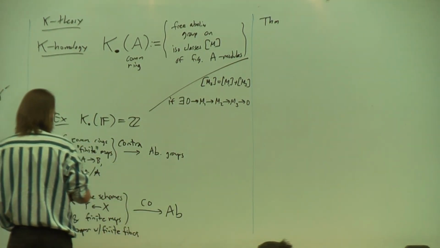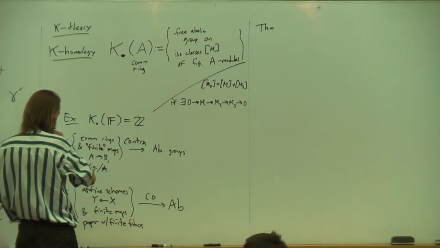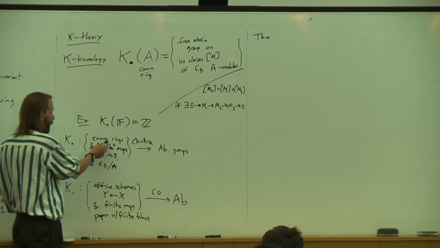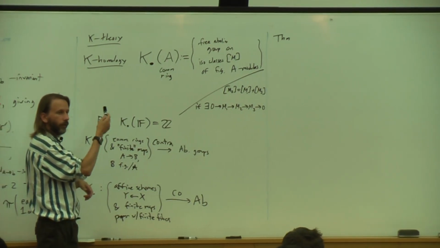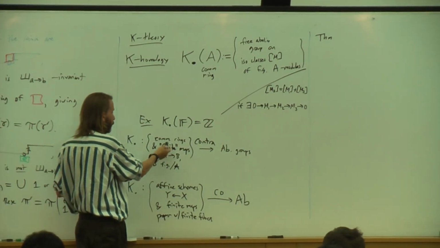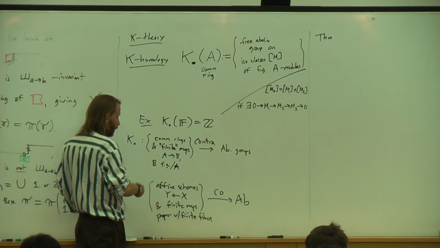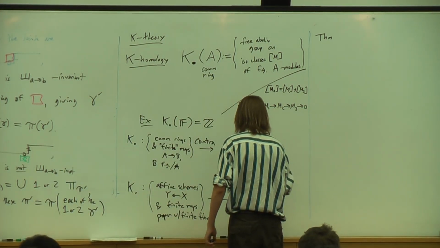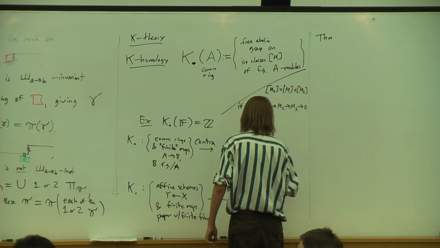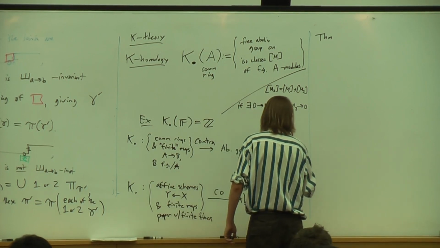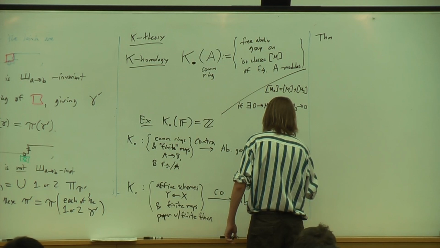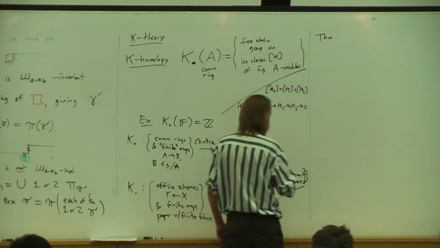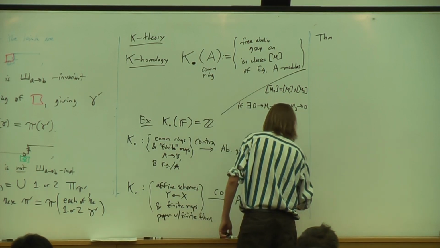So at this point, this was defined in terms of these finitely generated modules over the ring. And now I'd have affine schemes, and the definition would now, in that language, be K of my scheme is coherent sheaves on my scheme, so isomorphism classes of coherent sheaves, modulo short exact sequences.